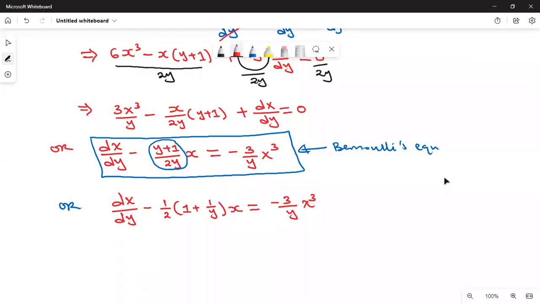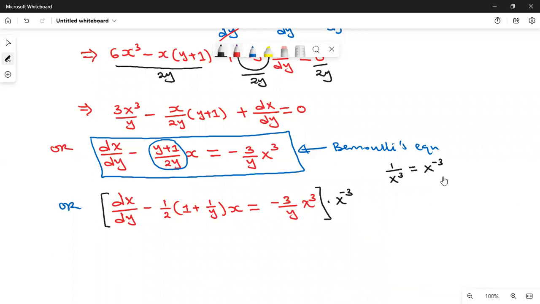So we divide the entire equation by x cubed, which means multiplying by x raised to negative 3, because 1 over x cubed is the same as x raised to negative 3.